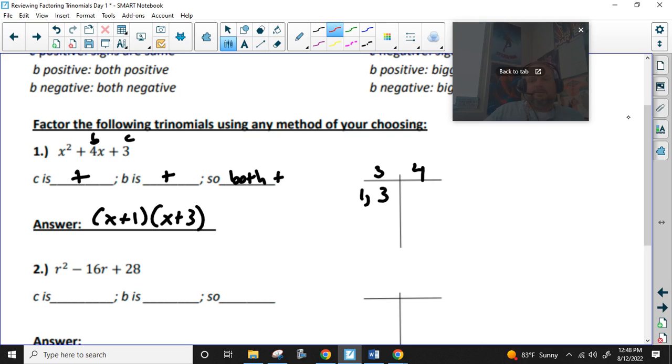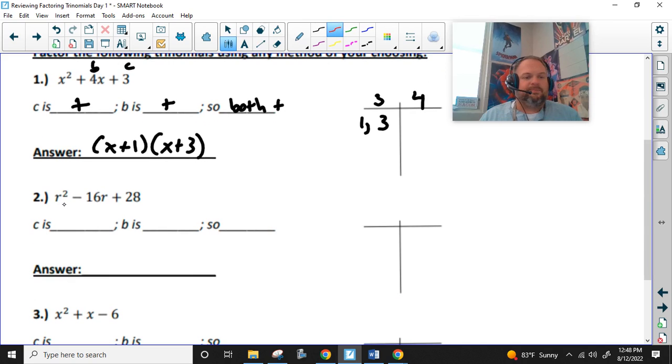All right. Let's look at number 2. Our C term is positive. Our B term is negative. So they're both going to be negative. Somebody was really nice earlier and had 28 as a previous problem.